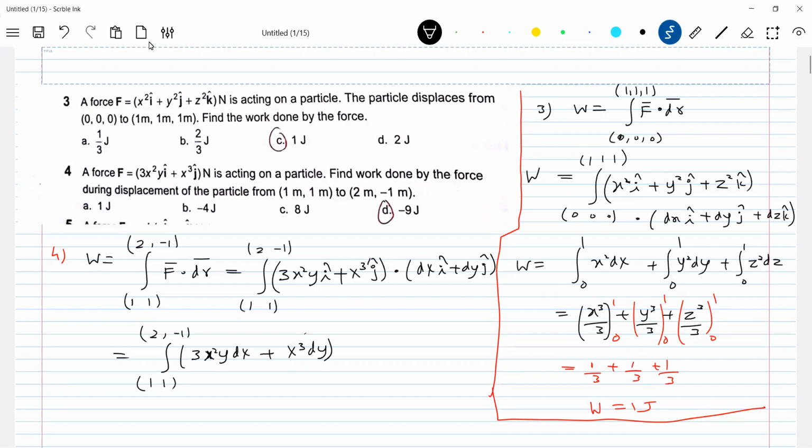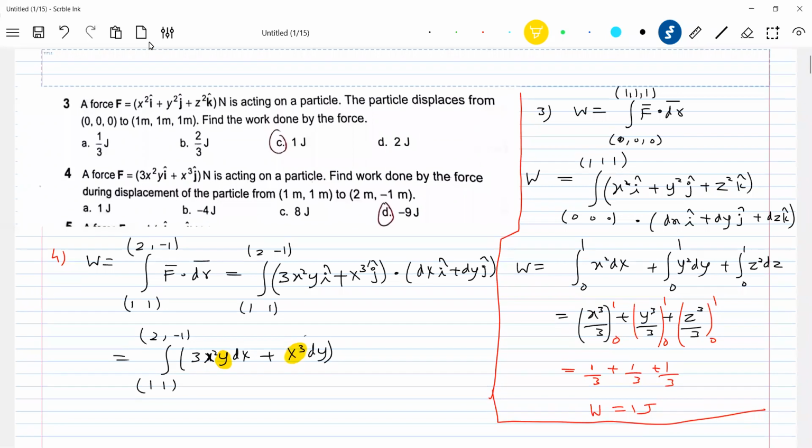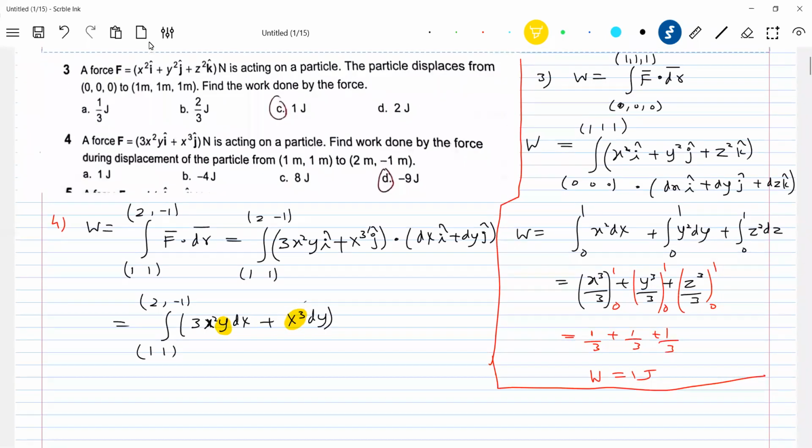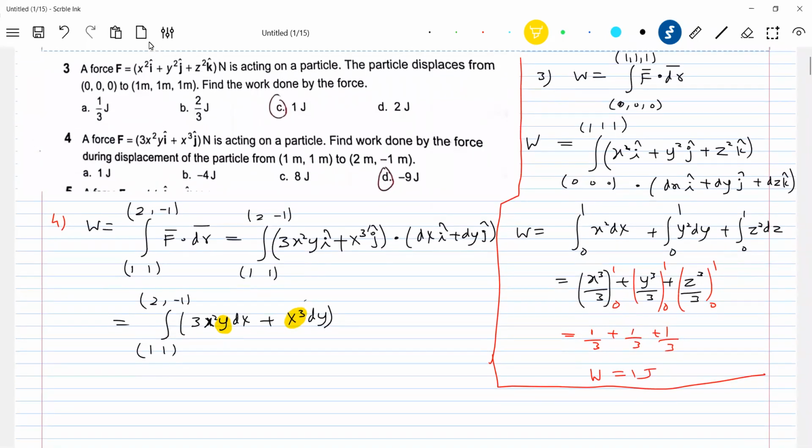Now it is a bit difficult, you can see here. Look at the way you integrate terms: 3x square y dx plus x cube dy. How do we overcome this particular situation? There are two alternatives. Let me put both.